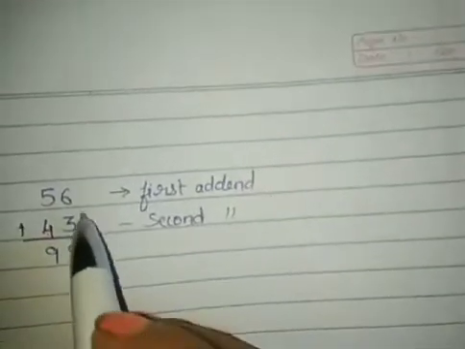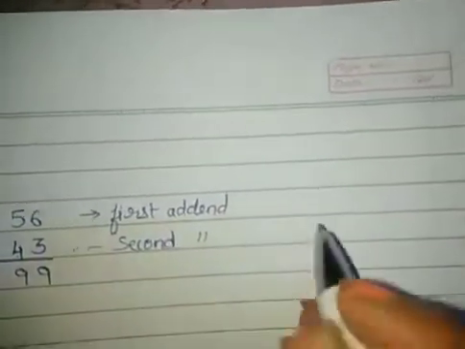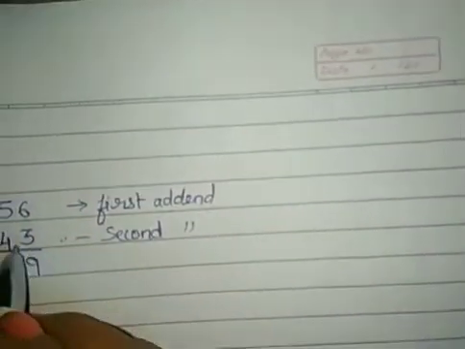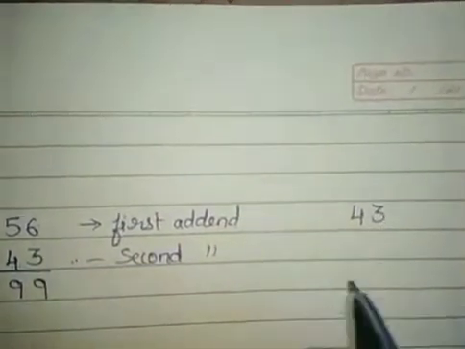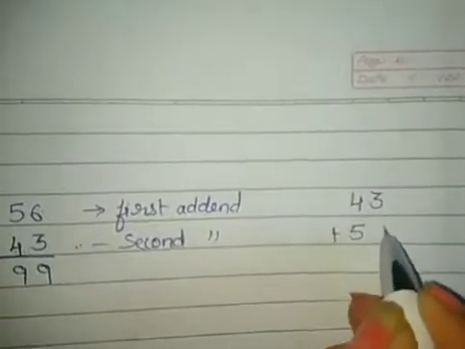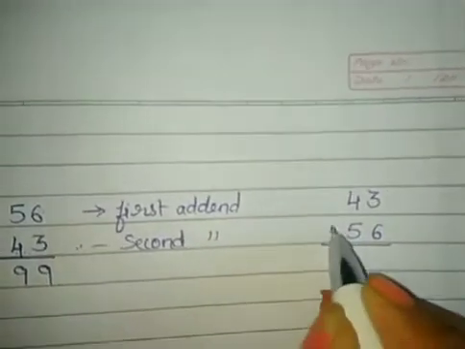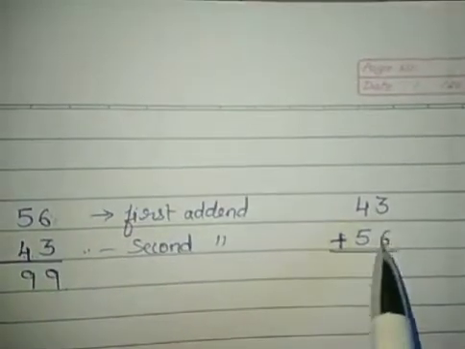Now change the order of addends and let's see. Take 43 as the first addend and 56 as the second addend. We have exchanged the order of addends here.